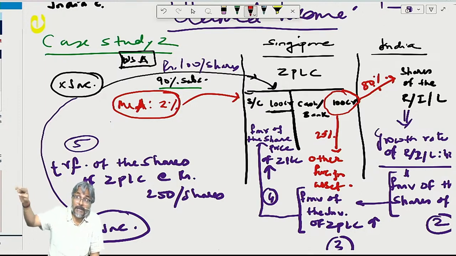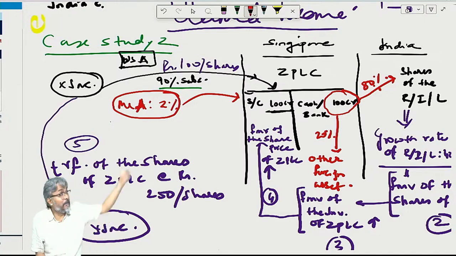Therefore ZPLC shares' location is where? In India. That is what we concluded. So the question to all of you would be that Mr. A, selling the shares of ZPLC, will have a capital gain which is deemed to accrue or arise in India, because he is selling the shares of ZPLC which are deemed to be situated in India. Then for argument's sake you will say, sir, in that case, the shares of ZPLC being deemed to be situated in India, the capital gains arising to Mr. A on the transfer of the shares of ZPLC will also be deemed to accrue in India.